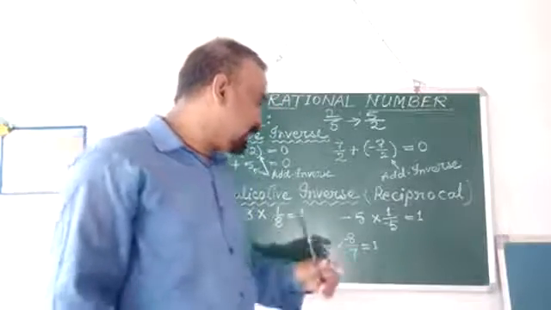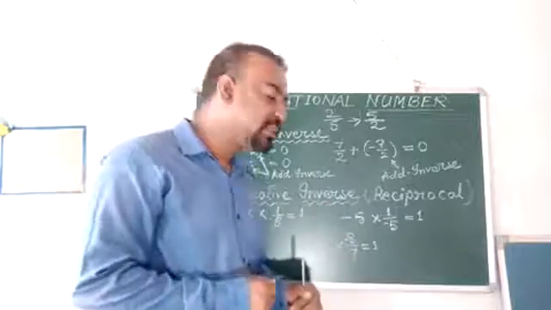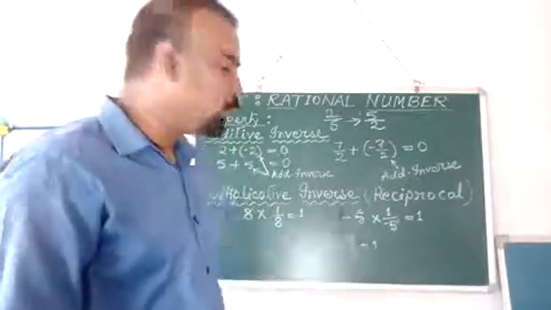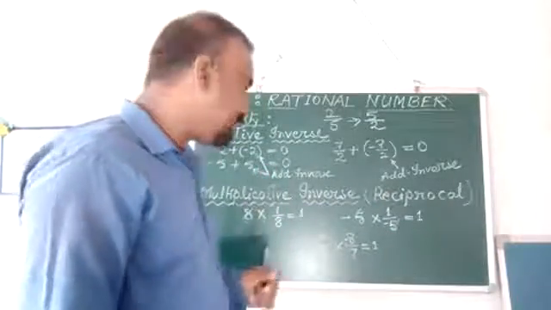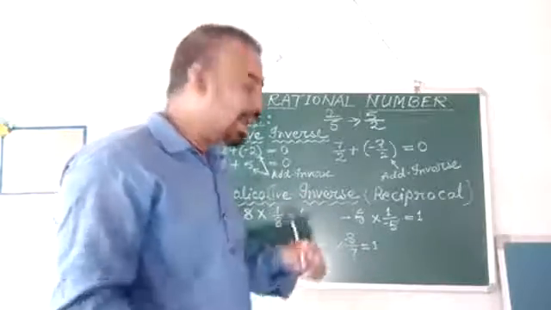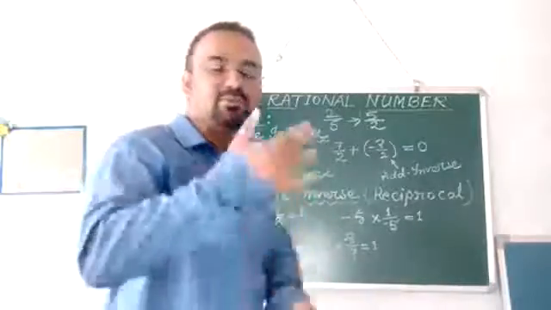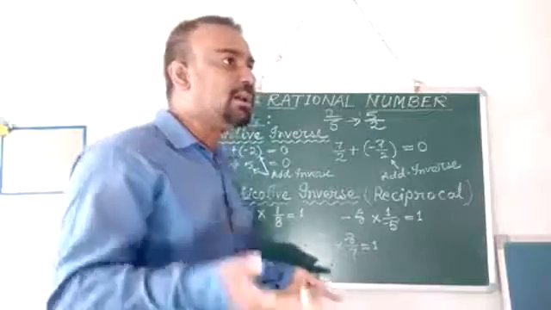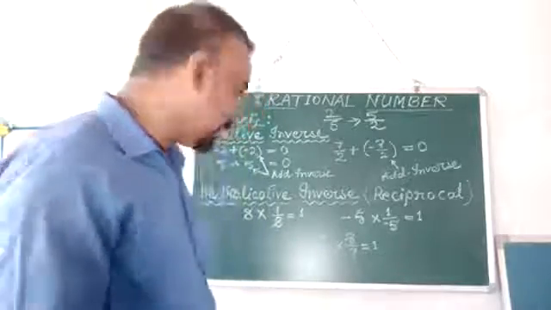So it will become minus 5 into 1 by minus 5. When we cancel these two, the result will become 1. We have found the reciprocal of the given number and the result became 1. Very simple. Just flip the number and you will find the reciprocal, and after multiplication the result will become 1.